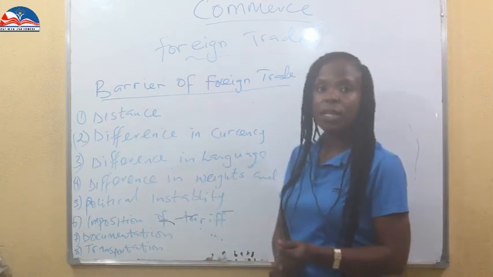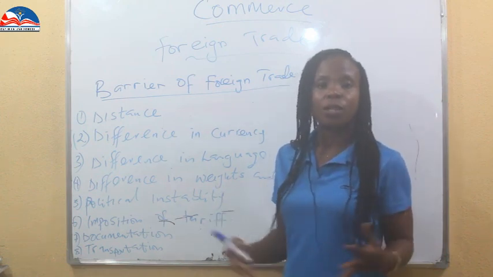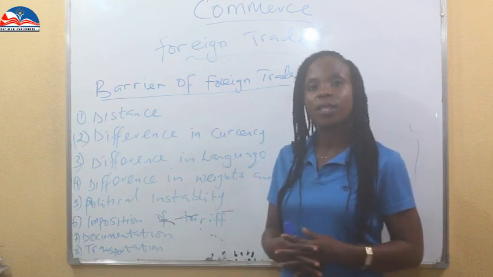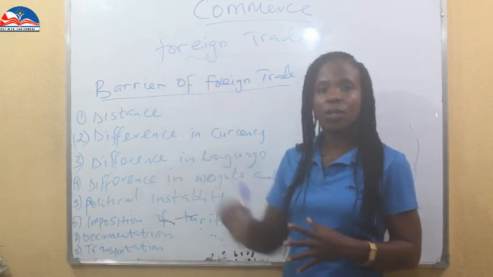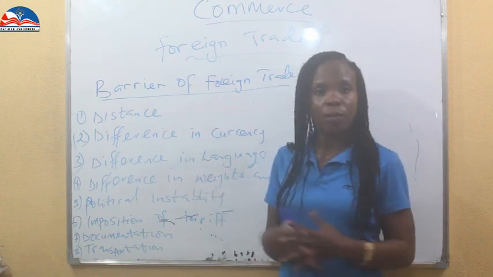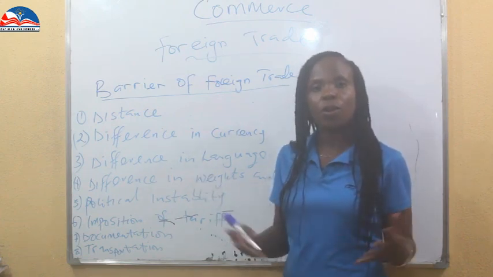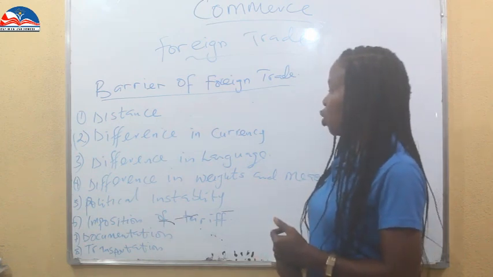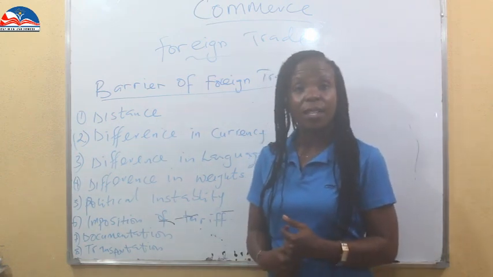Political instability. If the political nature of the country is unstable, it's going to affect trade. Or what about other countries that you trade with? If there is war, if there is a problem politically, it's going to affect your trading terms. Imposition of tariff, high tariff.